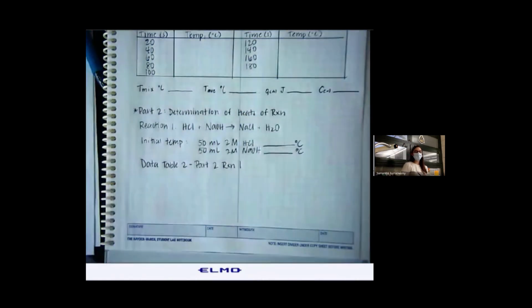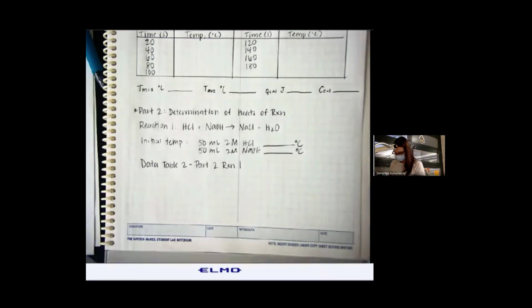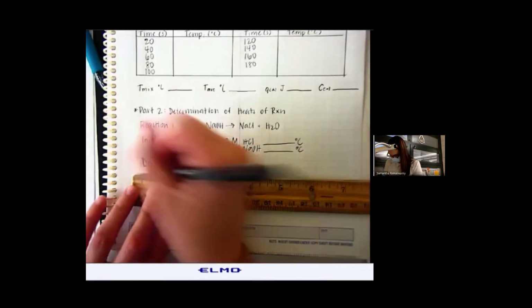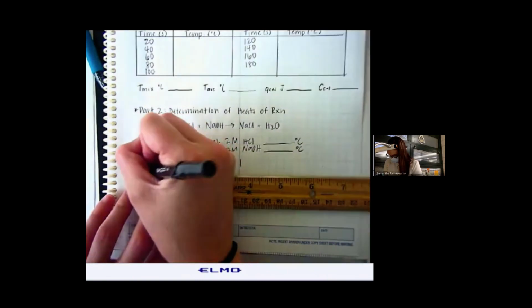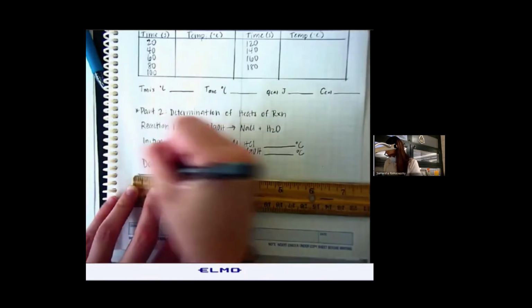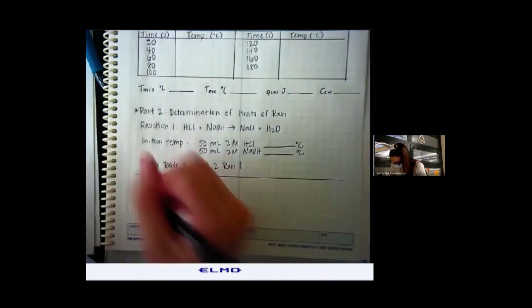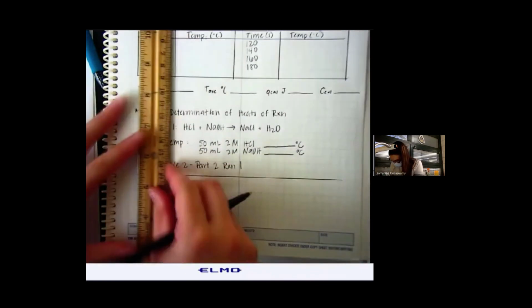So data table number 2 is the data for part 2, reaction 1. See if I can draw this straight. And then 1, 2, 3, 4, 5. Oh, perfect. Okay, mine's going to go all the way to the bottom of my page.